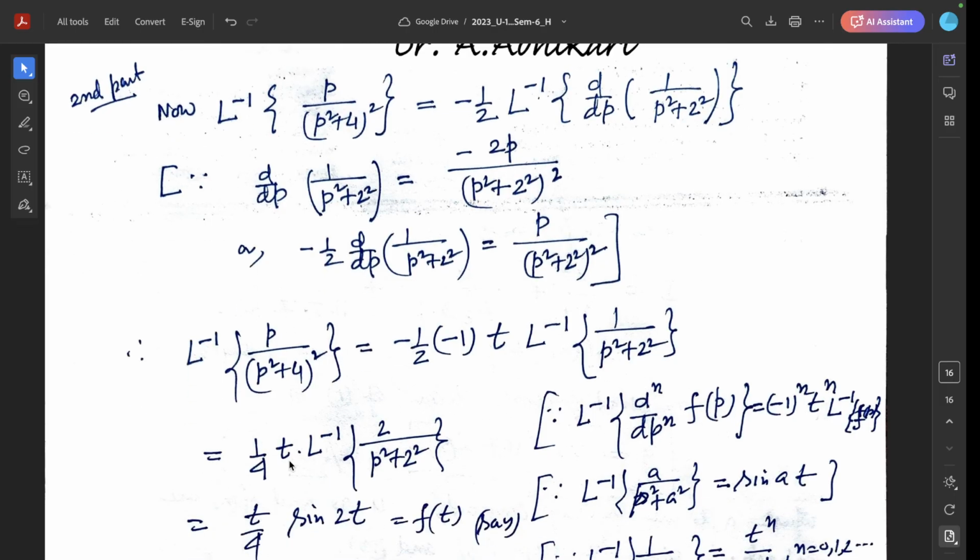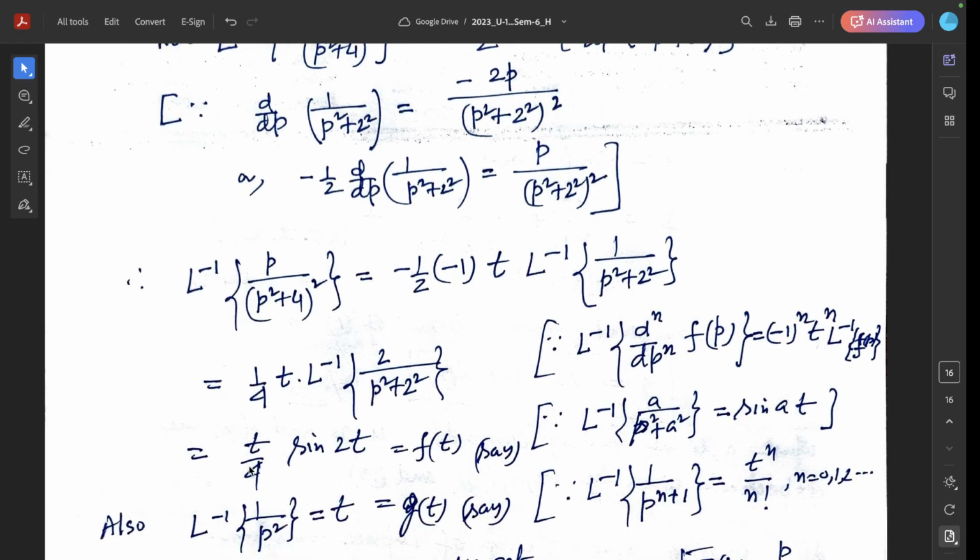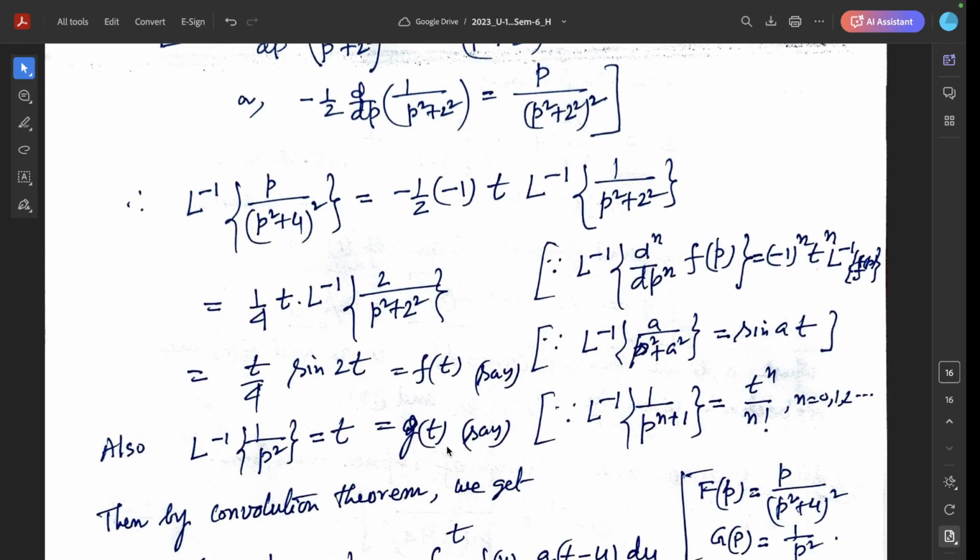This is equal to 1 by 4t L inverse of 2 by p square plus 2 square, and this is equal to t by 4 sine 2t, because L inverse of a by p square plus a square equals sine at. This is equal to ft, and L inverse of 1 by p square equals t, which is gt, because L inverse of 1 by p to the power n plus 1 equals t to the power n by n factorial, n equal to 0, 1, 2, 3; here n equal to 1.